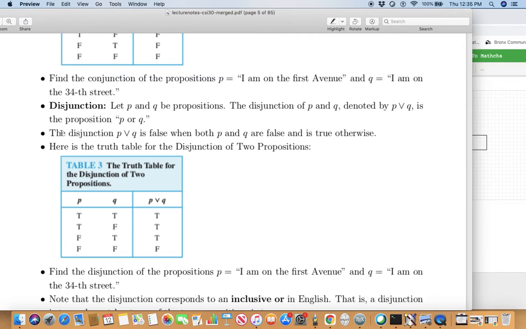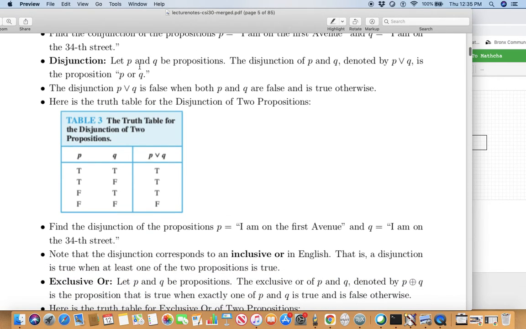P, V, Q is the proposition P or Q. The disjunction P or Q is false when both are false and true otherwise. What does that mean? You have to be true here or here, right? If you are false on both, well, then you are false. So or means at least one of them has to be true.